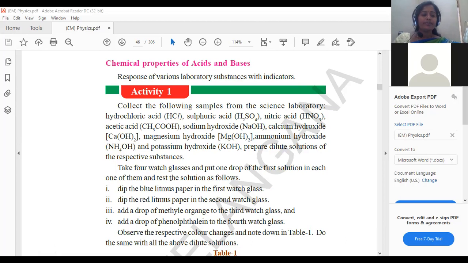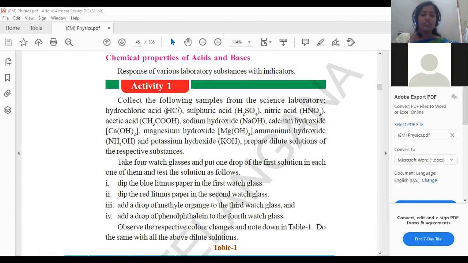Okay, so here the solutions which we are taking are hydrochloric acid, sulfuric acid, nitric acid, acetic acid, sodium hydroxide, calcium hydroxide, magnesium hydroxide, ammonium hydroxide, potassium hydroxide. All these were taken and added with a small quantity of water in separate test tubes.